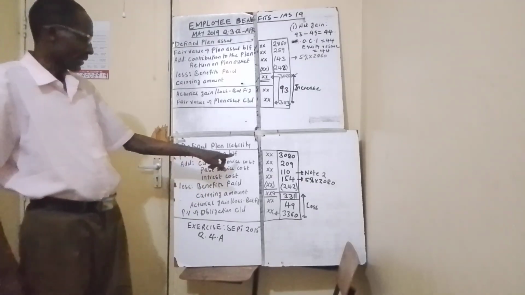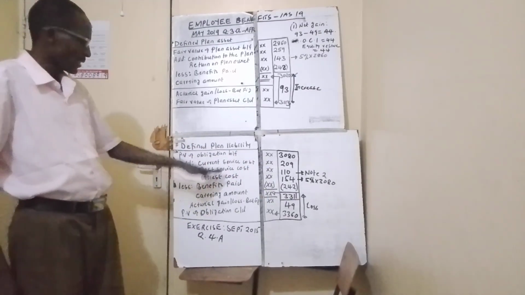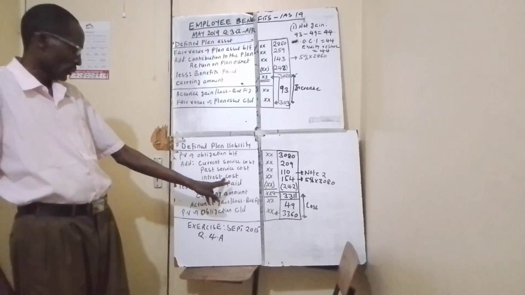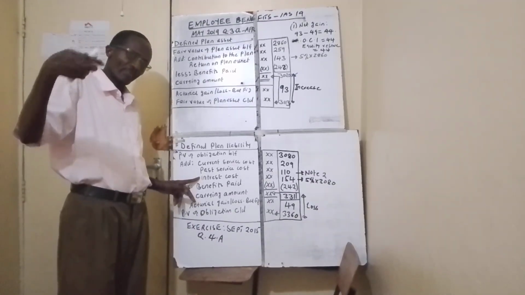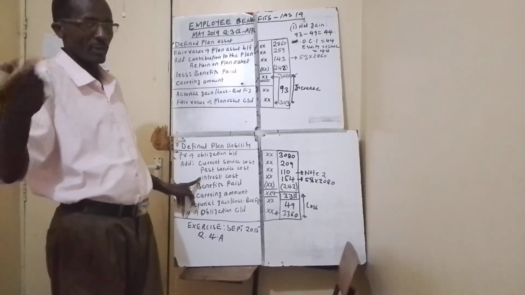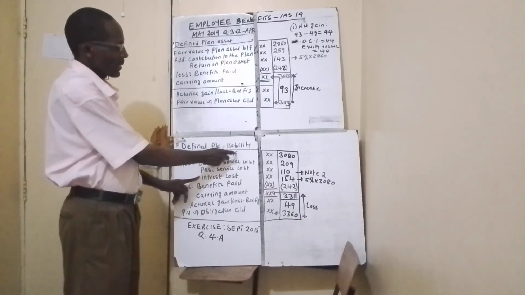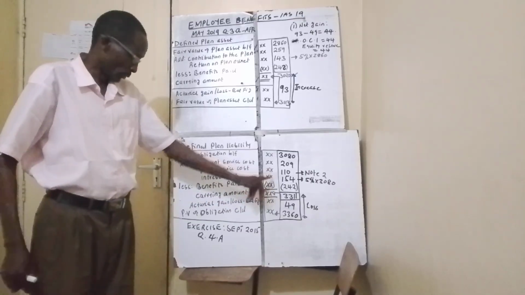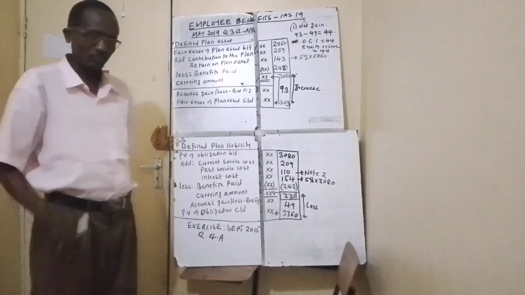One, current service cost. You'll be given the current service cost. Past service cost will be provided. Interest cost: you'll be given a certain interest rate, maybe 3% or 5%. That percentage you multiply by the opening balance to get interest cost, which will appear there as a plus. Then you less benefits paid.